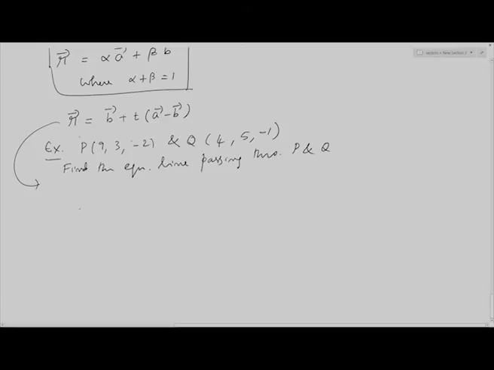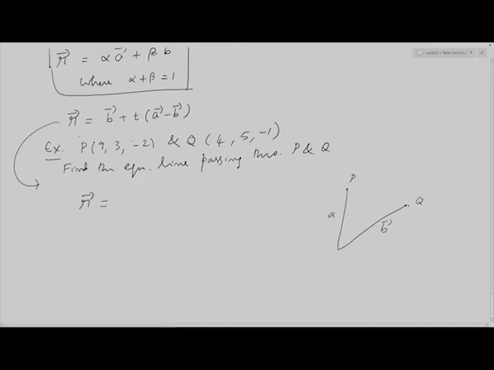Now the required equation is the vector R is equal to A bar, or I can write B bar. So this is our PQ.